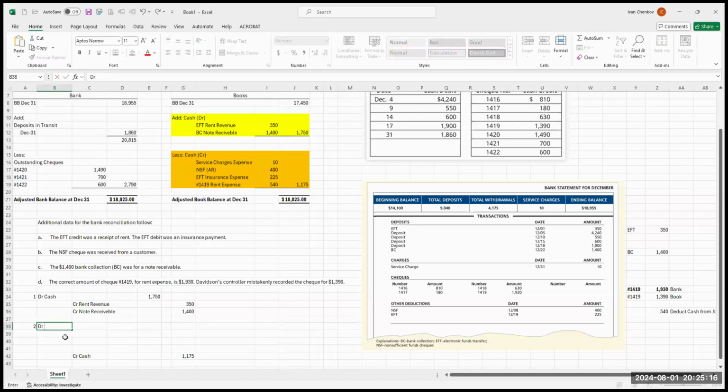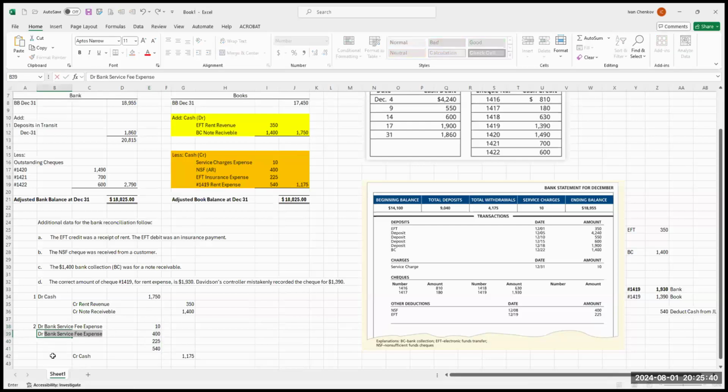First debit will be related to the bank service fee expense, and that's for $10. Then we have the next amount, which is $425 and $540.